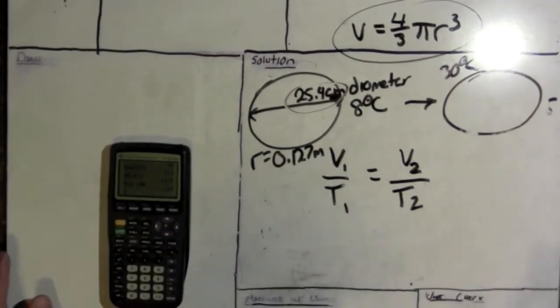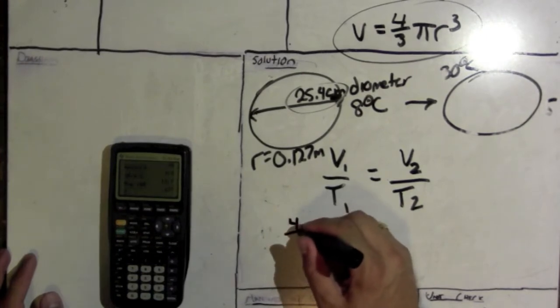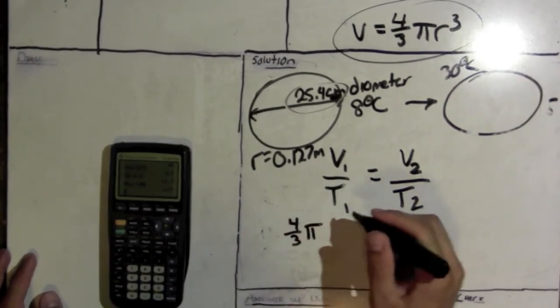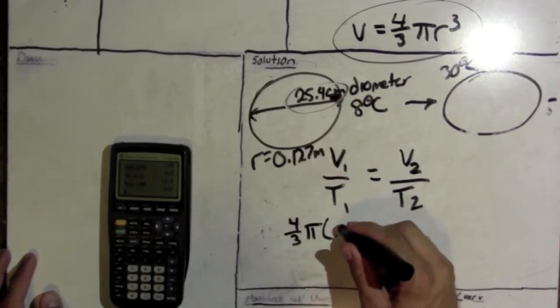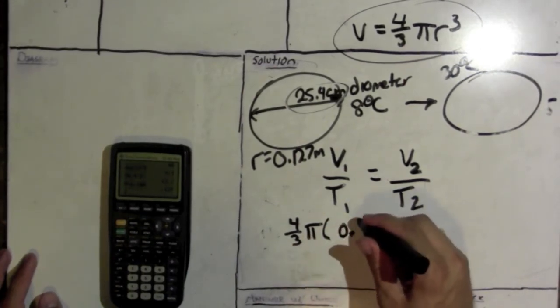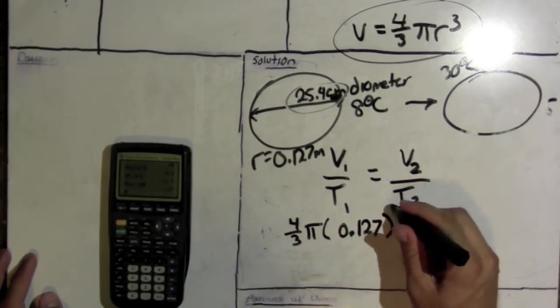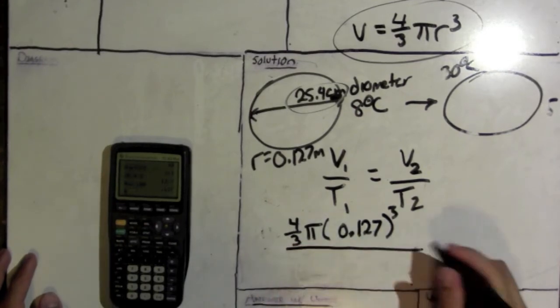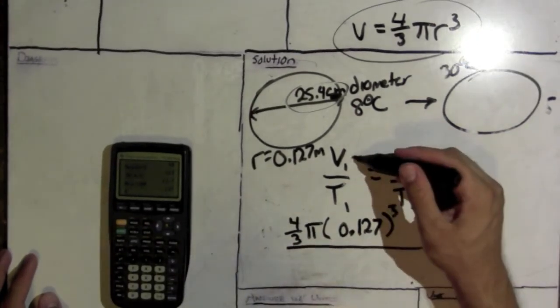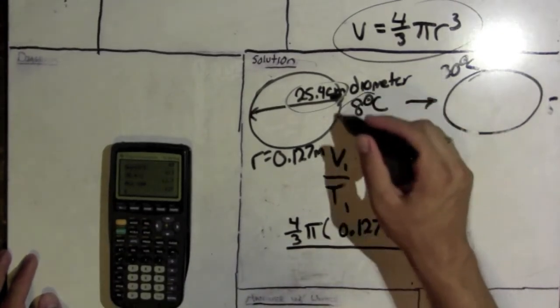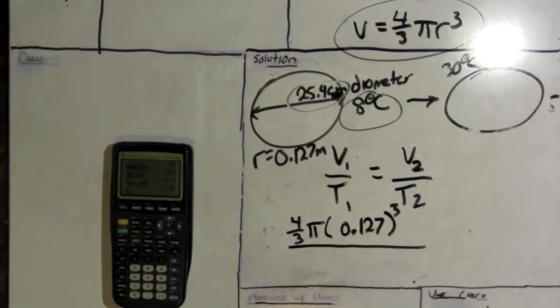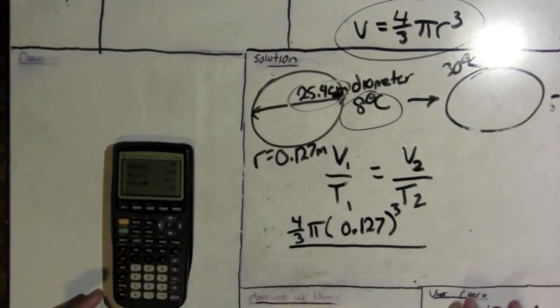So, what that's going to look like is 4/3 pi r cubed, all of that is going to be on top. That's going to represent volume 1. Now we also have a problem with this 8 degrees Celsius. Remember, when we're talking about temperature in terms of gas laws, you always have to do it on the absolute scale.